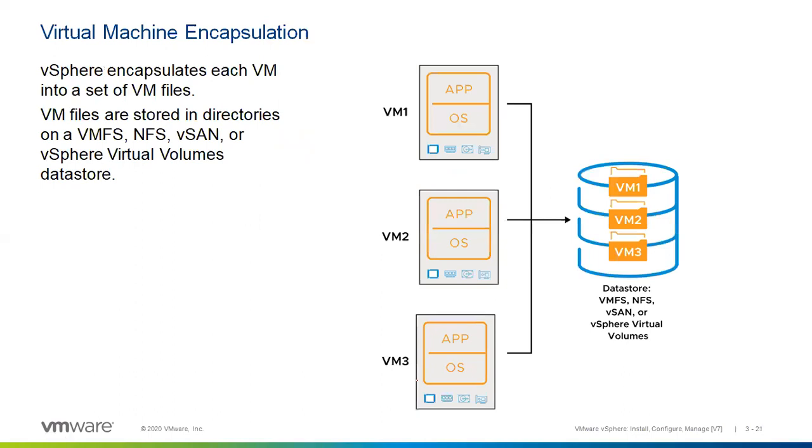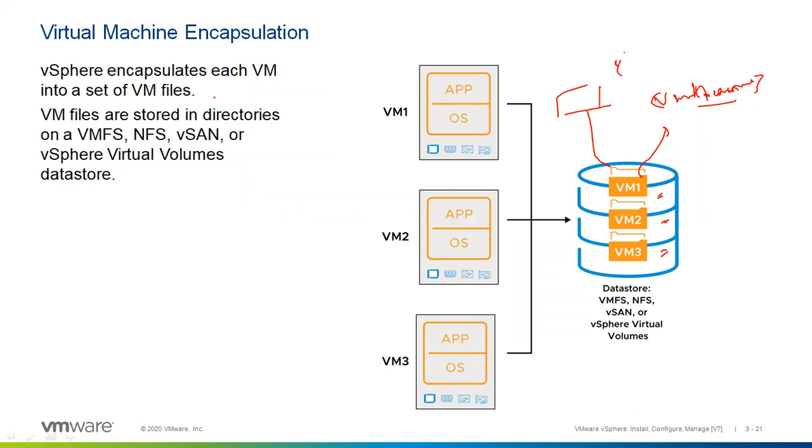What happens once a VM gets created? Once a VM gets created, it will create a folder with its own name. We sometimes call it the VM home folder. It will be created in the underlying storage of your ESXi host.